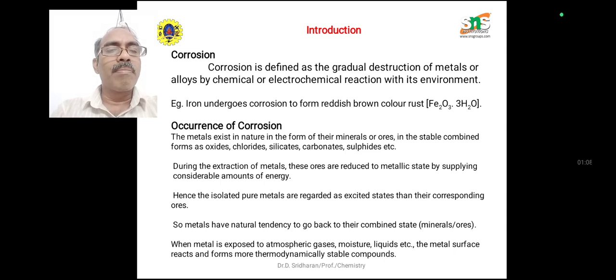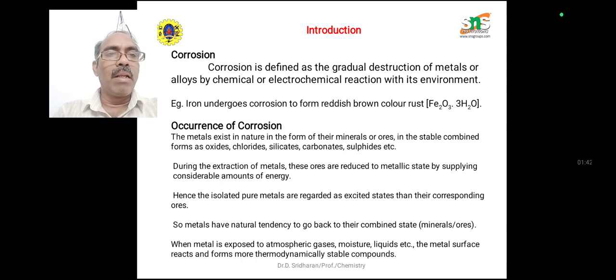Occurrence of corrosion: metals exist in nature in the form of their minerals or ores, in a stable combined form as oxides, chlorides, silicates, carbonates, and sulfates. During the extraction of metal, these ores are reduced to the metallic state by supplying a considerable amount of energy.